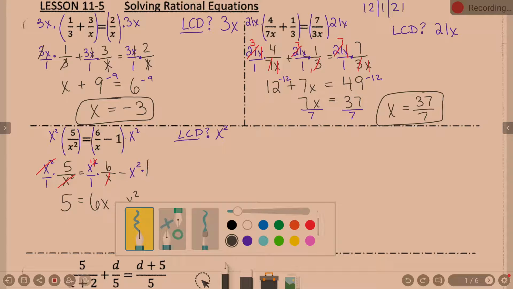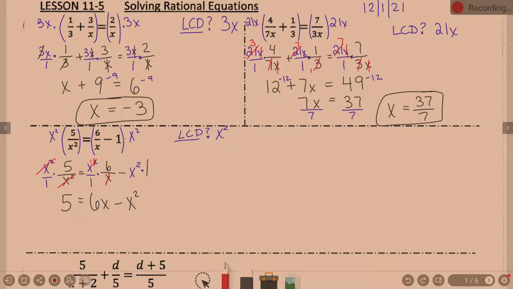So, in other words, since it's a minus x squared, to move it to the other side, I'm going to add x squared. If I add x squared on the right, I'm going to add x squared on the left. In order to move the positive 6x, I would minus 6x. If I minus 6x on the right, I would minus 6x on the left.